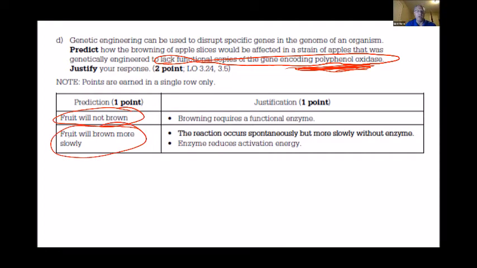Either one of those is okay, that's one of the points. And then the second point is the justification: browning requires an enzyme, or something like, benzoquinone causes the apples to turn brown. Without the enzyme, benzoquinone won't be formed. At least it won't be formed as quickly. So something like that works.